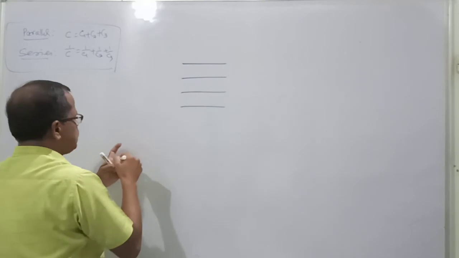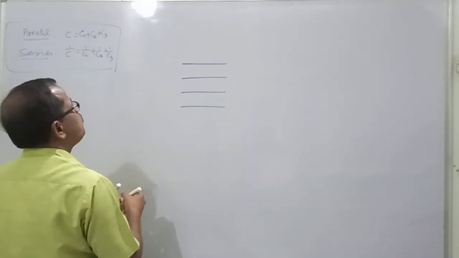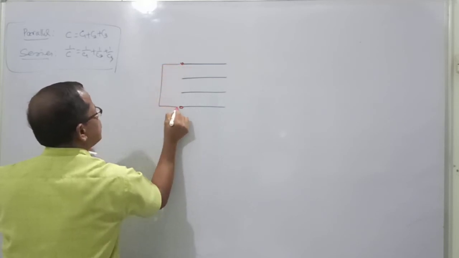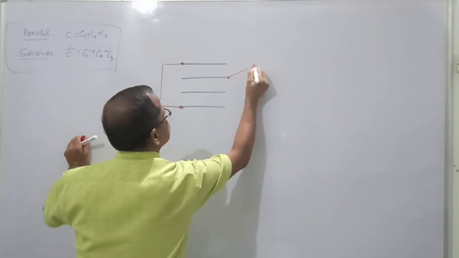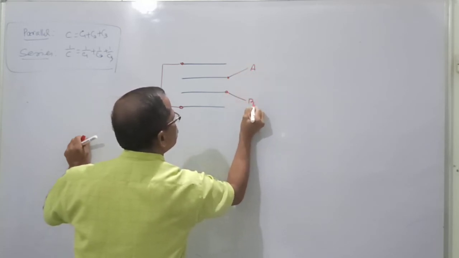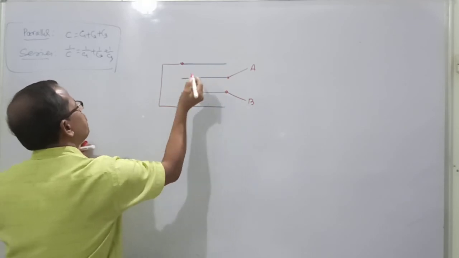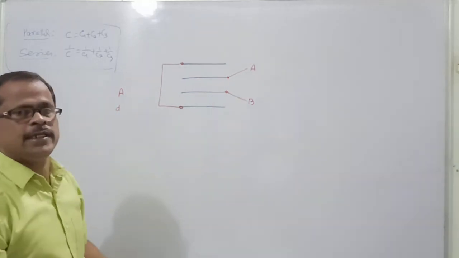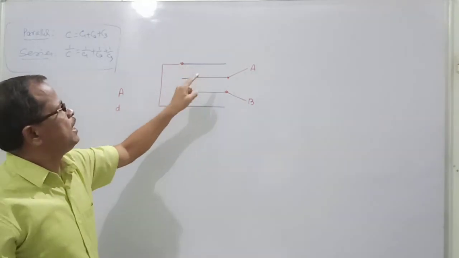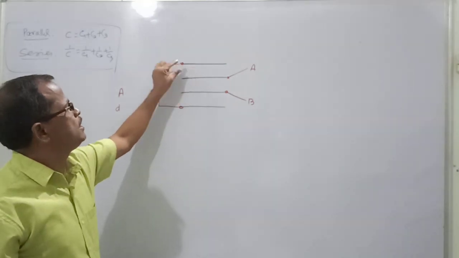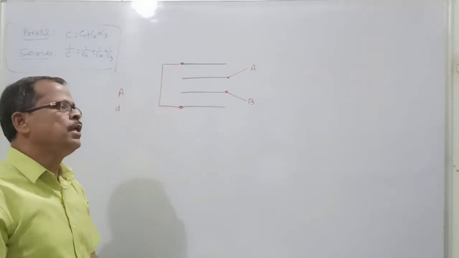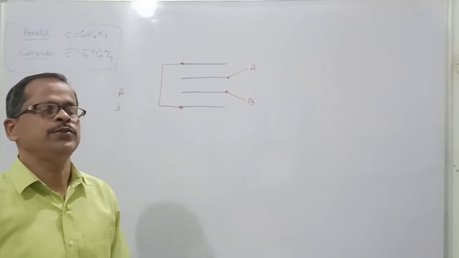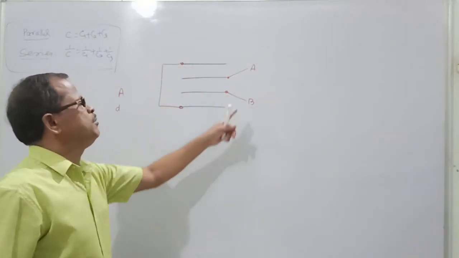The two extreme plates, top and bottom, are connected by a conductor, and this one is connected to A and this one is connected to B. All plates have area A and plate separation is D. So the capacitance between any two will be epsilon 0 A by D, that we know. Now find the net capacitance between terminals A and B.